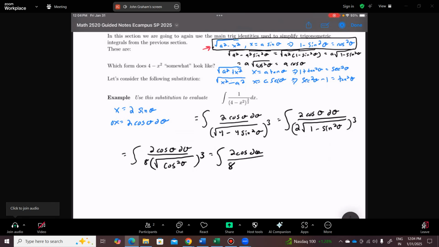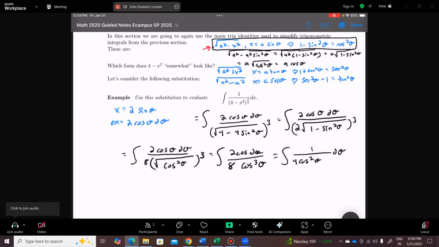So the square root of cosine squared is cosine, so you have cosine to the third power. Alright, so now we can simplify. So 4 on the bottom, cosine squared on the bottom. So the 2 cancels, cosine cancels. You have just the d theta.